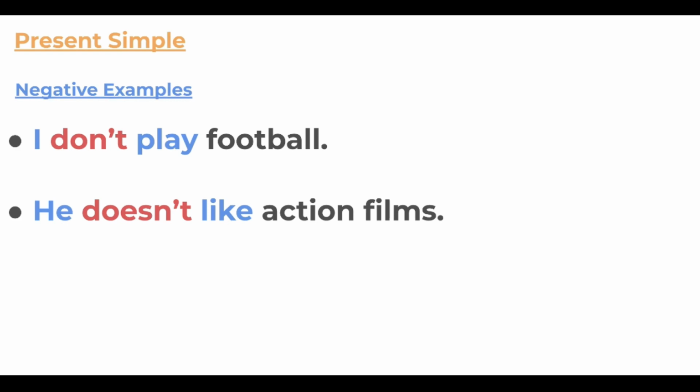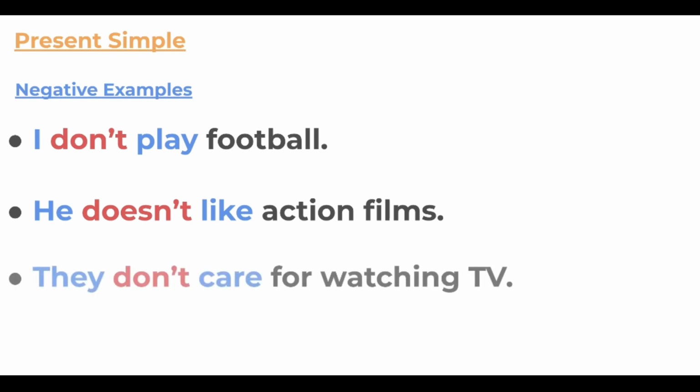So don't becomes doesn't. He doesn't like action films. You can also say does not as well. Another one, they don't care for watching TV. Okay, so you can see how, depending on the subject, you either use do not, don't, or does not, doesn't.